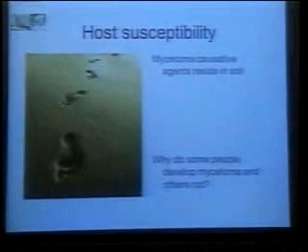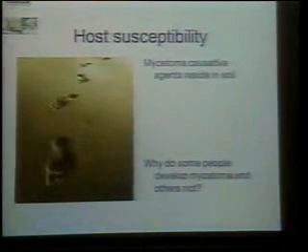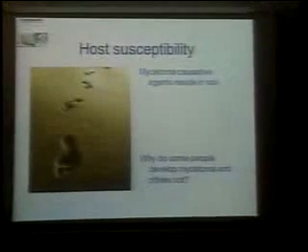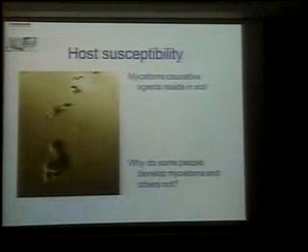I start with a simple observation. It has been established that mycetoma causative agents reside in the soil, and people in the endemic areas tend to walk barefoot on the soil. So therefore, probably everybody in the endemic area walking barefoot is exposed to these microorganisms.